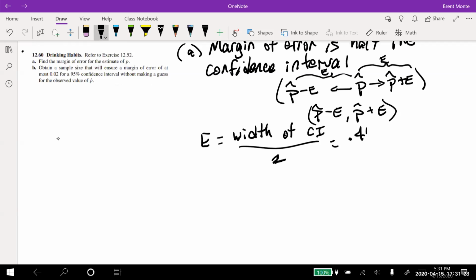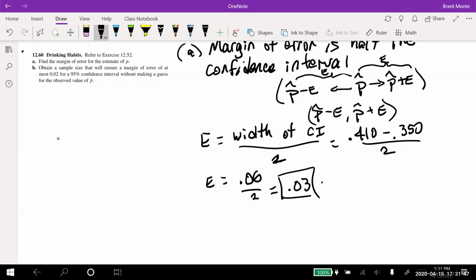So 0.410 minus 0.350 divided by 2, well, that's going to give me a margin of error. Well, 35 to 41% is 6%, so it's 0.06 divided by 2, or it's exactly 0.03, or if we wanted to, we could call that 3%.